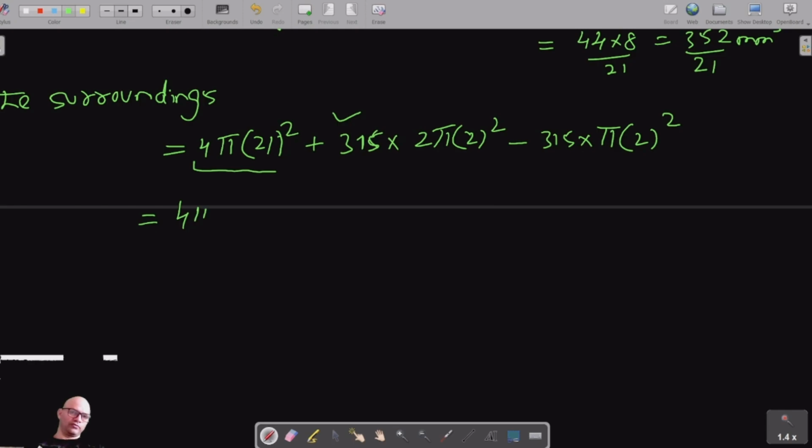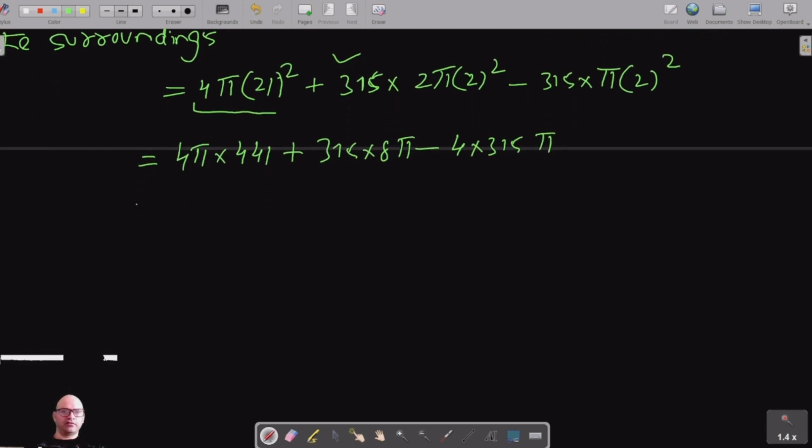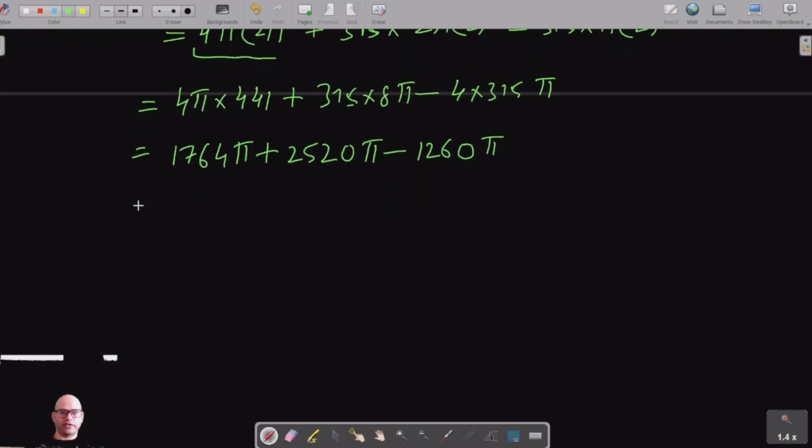Now this is 4 pi into 21 square, which is 441. This is 315 into 8 pi minus... 4 into 315 in 5, which gives us 1764 pi, plus 8 into 315 is 2520 pi. And this is the half of 2520, which is 1260.